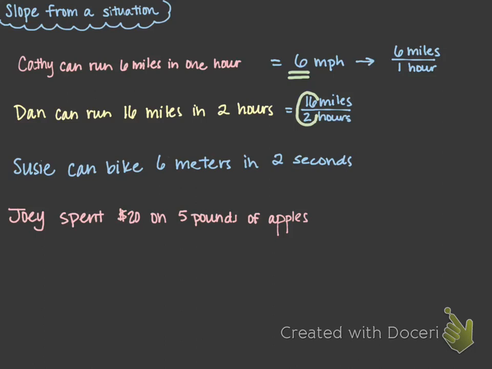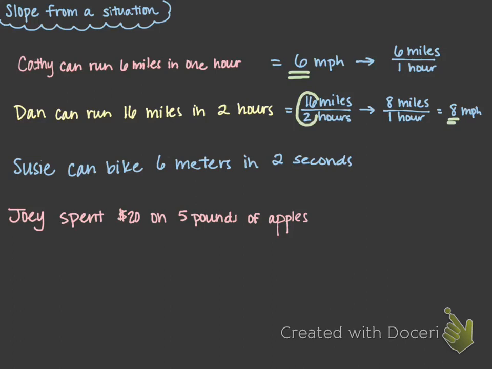So we can simplify 16 over 2. 2 goes into both of them, so we can divide by 2, and we get 8 miles for every 1 hour. Oh, no, without the S on there. For every 1 hour. And 8 divided by 1 is going to be 8. So Dan can run 8 miles per hour. So in this problem, 8 is going to be Dan's slope. That is his growth. That's how fast he can go.